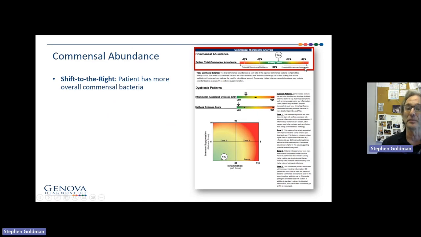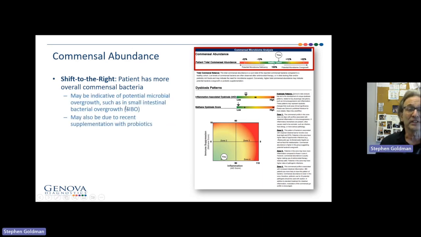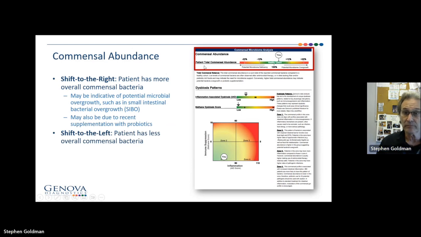Now, it can also be your patient is very aggressively on pro and prebiotics and fermented foods, but also SIBO, for example, would be an example where we often see overgrowth. So it may be indicative of something like a SIBO overgrowth, maybe supplementation.